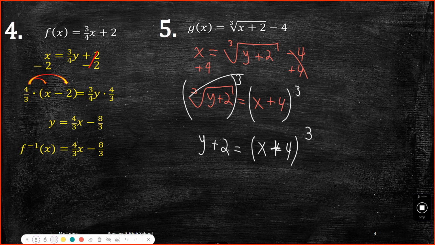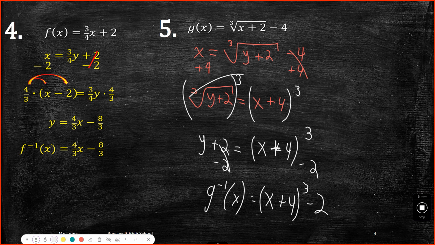And then what? Minus 2. So we're going to get y is already the inverse function. And let's go with g inverse of x is equal to x plus 4 to the third minus 2. And that is the inverse function.